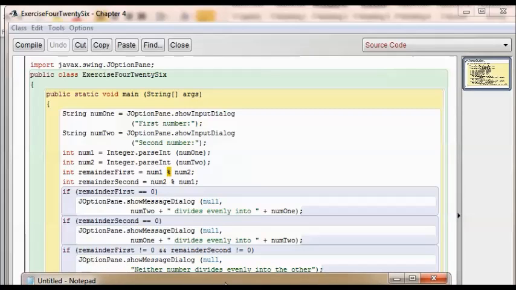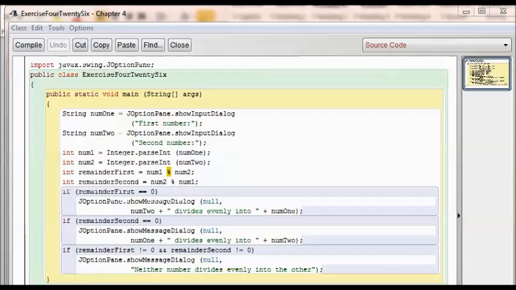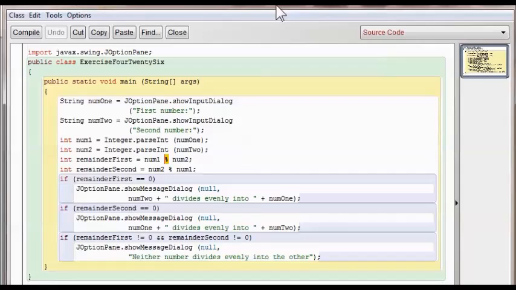If neither one of these is the case, you say neither number divides into the other. And you have the two closing curly braces, okay? So that is exercise 426.